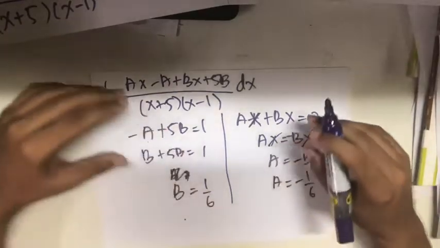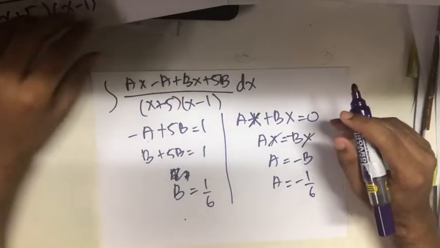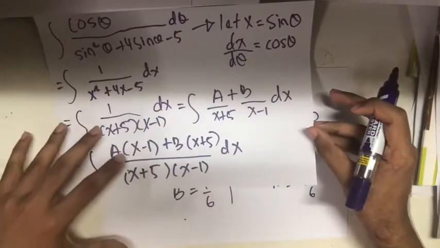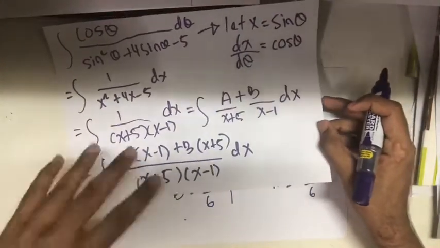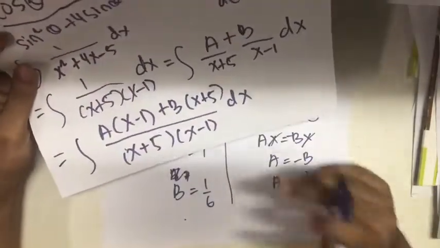So this is one of the methods to solve the partial fraction before we integrate the fraction that we simplified.